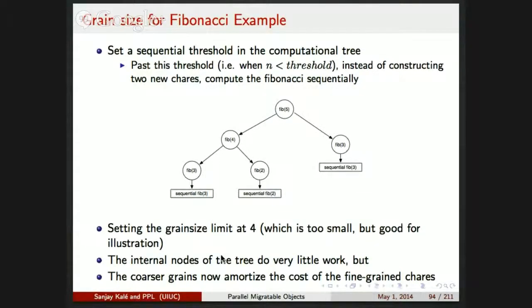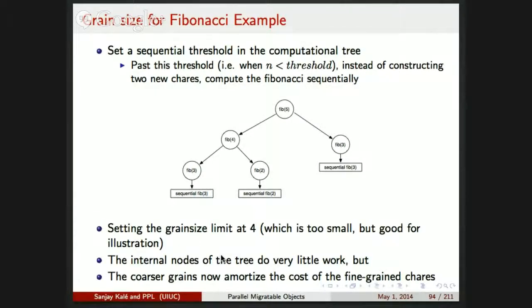In the Fibonacci example that you saw a few slides back, how do we set a grain size here? Each chare is spawning new chares, and they are spawning new chares, and you can go on until you reach a very fine grain level, where you have only 2 numbers to find the Fibonacci. That's a very tiny, fine grain level. The way you would set the grain size here is in that example where you had if n less than 2, then respond with whatever number it is.